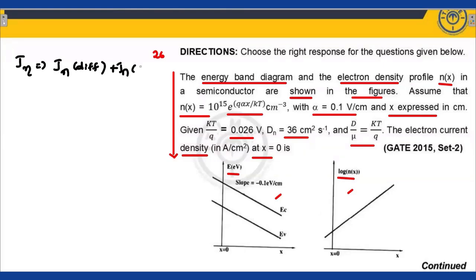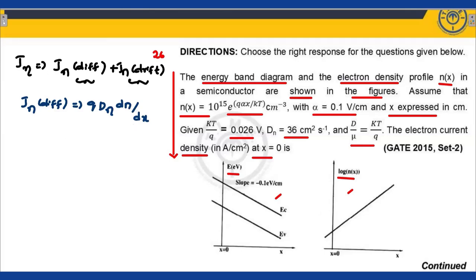We need to find out both the currents, diffusion and drift, my dear friends. First find out the diffusion, then we are going to find out the drift. First, the diffusion. The formula for the diffusion is equal to q D dn by dx.